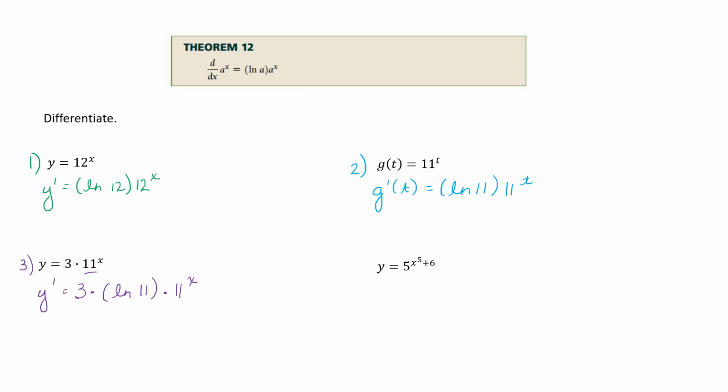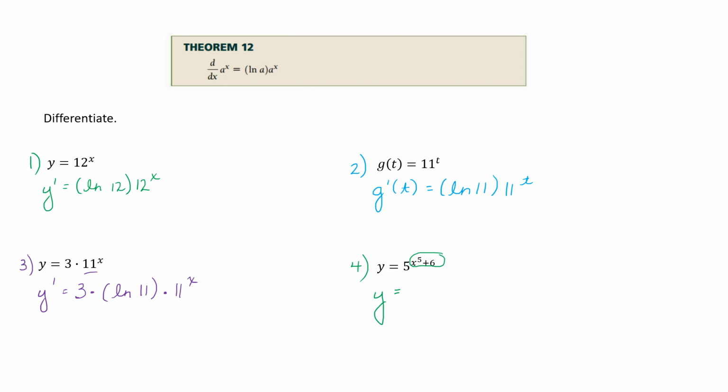And then finally on this page, I want you to notice that because it is a little bit difficult to see, but that x to the 5th plus 6, that's all an exponent. So we'll have y equals, a is 5.